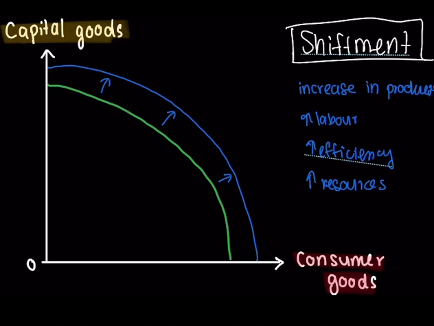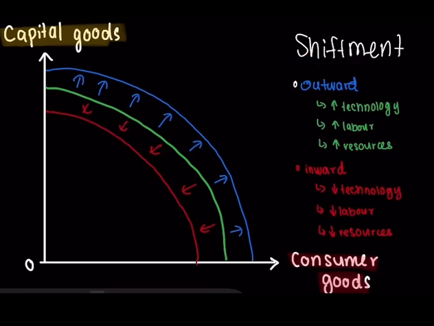So if in a question they say, for example, Coca-Cola employs more workers in their factories, then this means that their production increases as well, which means that this curve will move outwards. So this is just the basic gist of shifts.